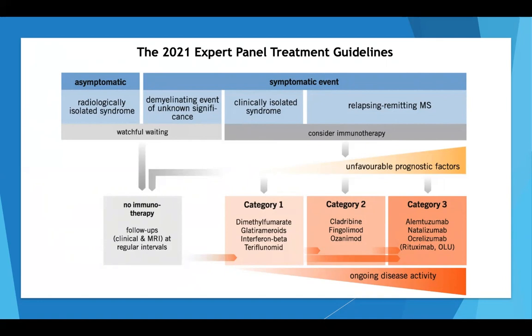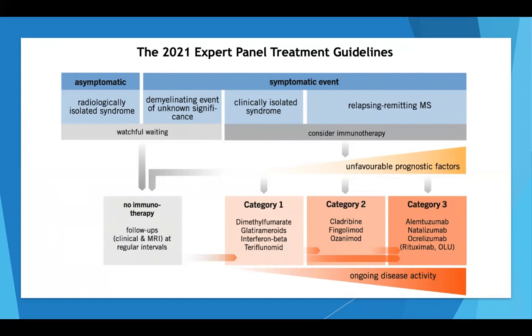You have patients that are asymptomatic and those that are symptomatic. For those that do not have any symptoms, but they have a radiologically isolated syndrome, you can do watchful waiting. This means that they will not get immunotherapy, but they will have regular follow-ups with MRIs to monitor disease progression.